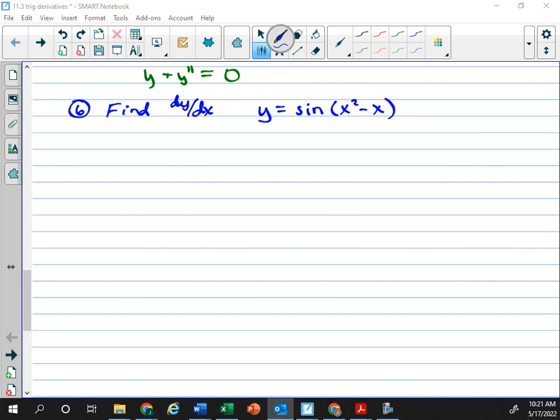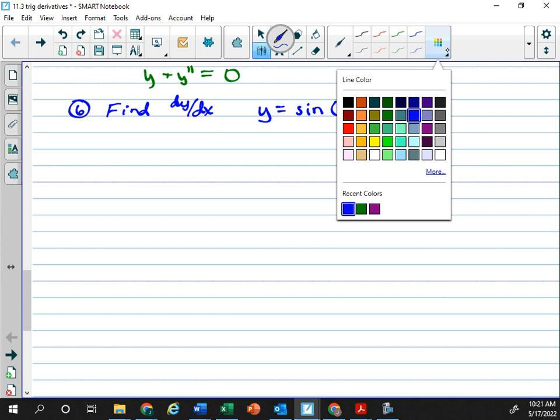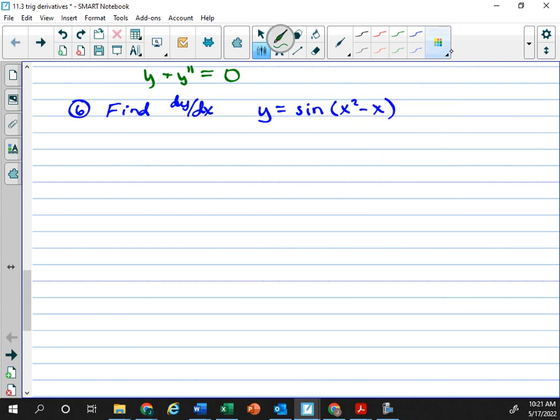Are we ready? So what's the derivative of cosine? Negative sine. Leave the inside alone. All right, then we would be taking that times the derivative of the inside. What is that going to be? Okay.